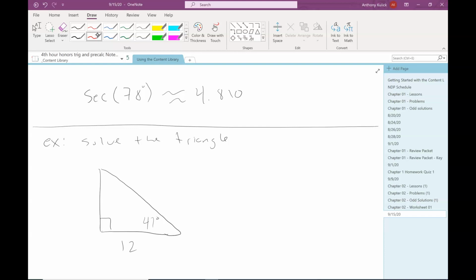Okay, so what can we find here straight away? The other angle, great. How do I find that? Okay, 90 minus the other acute angle, or you could have done 180 minus 90 minus the other angle. It's equivalent. So here we have x is 49. Great. How are we going to find the other side lengths?